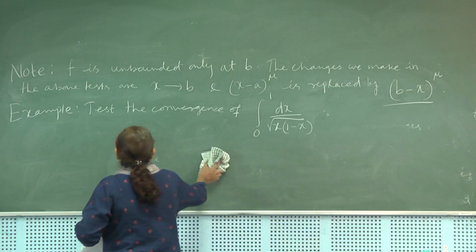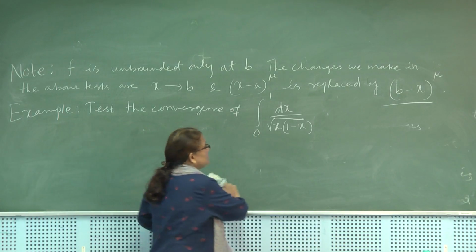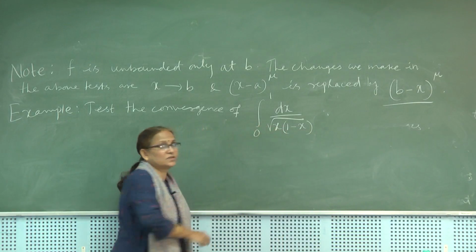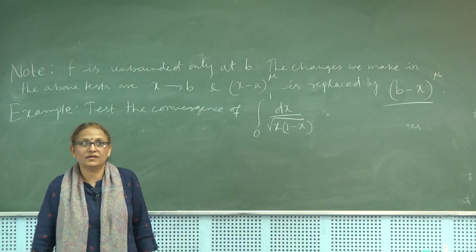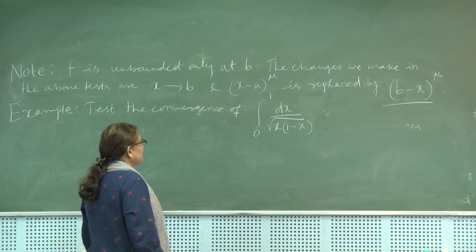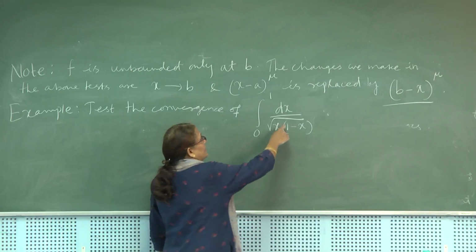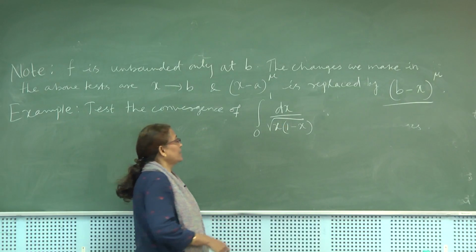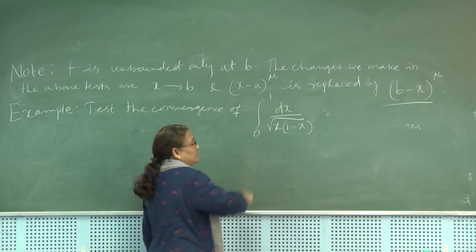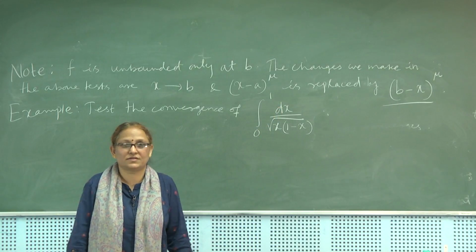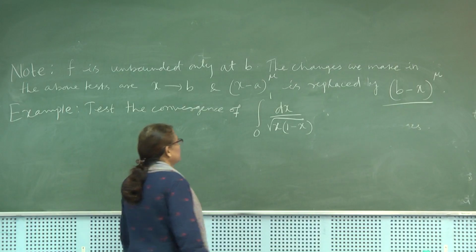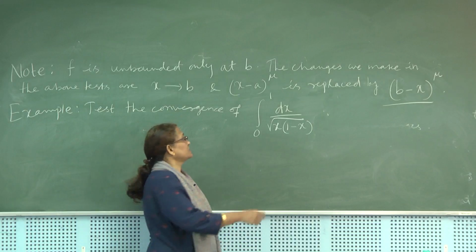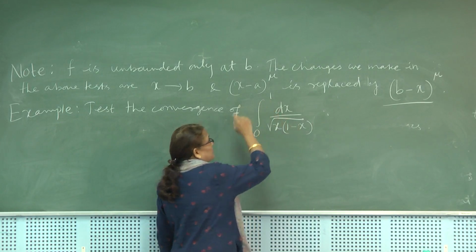So, this is a type 2 improper integral, and in this improper integral the integrand is unbounded at both the ends of the limits of integration. It is unbounded at x equal to 0 as well as at x equal to 1.